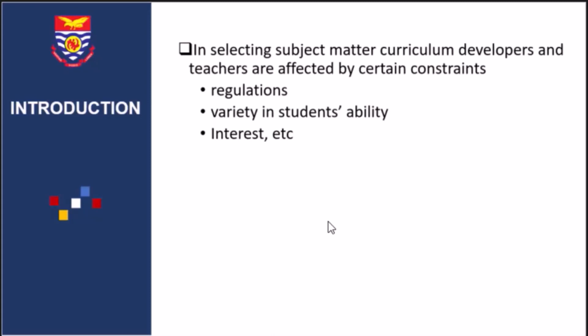Speaking generally, we have three: regulations, variety in students' ability, interest, and so on. We can talk of many constraints that curriculum developers and teachers in general are affected by when selecting subject matter.